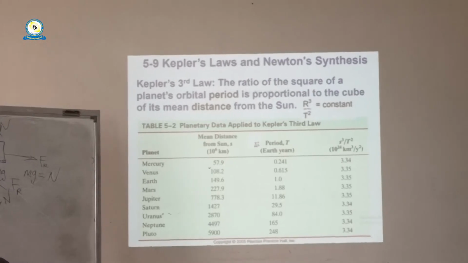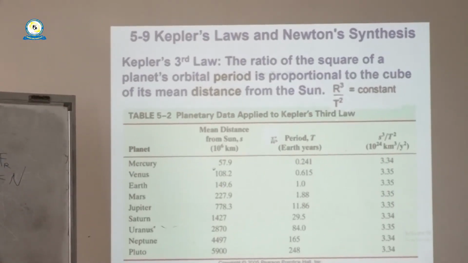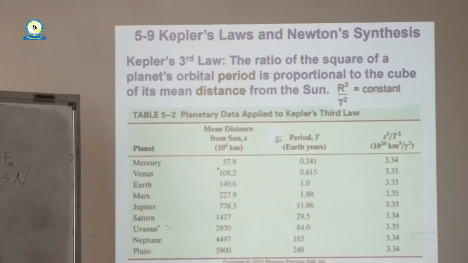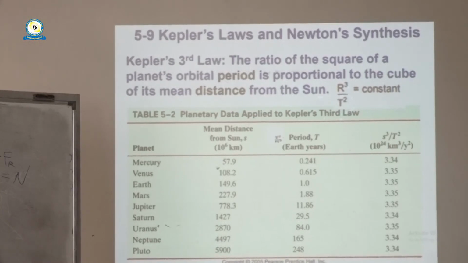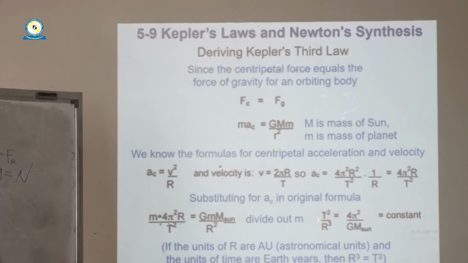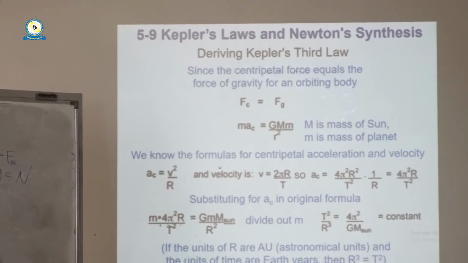Kepler's third law: the ratio of the square of a planet's period to the cube of its mean distance from the Sun is constant. So you have to know how to derive this, and it is very easy. Everything is there, so you can understand this one.